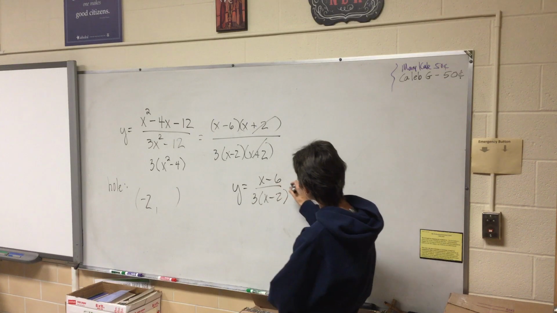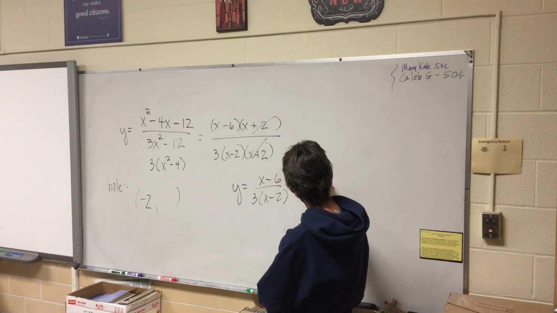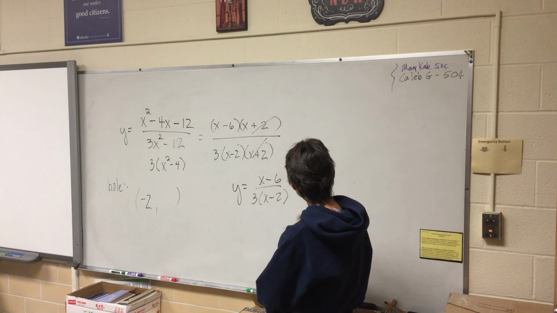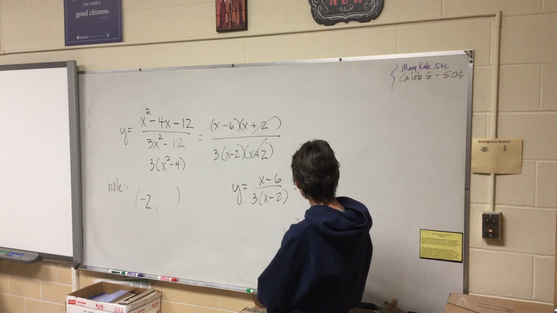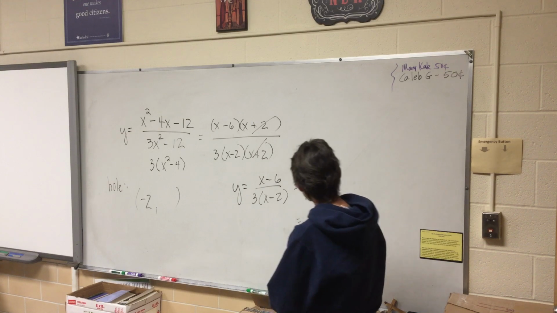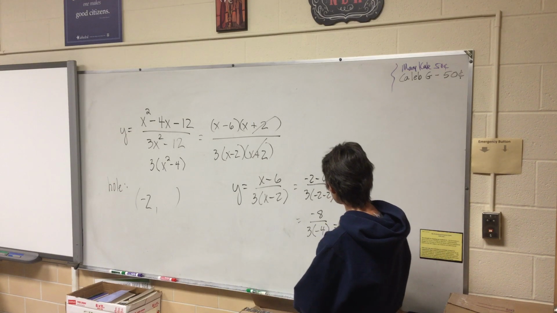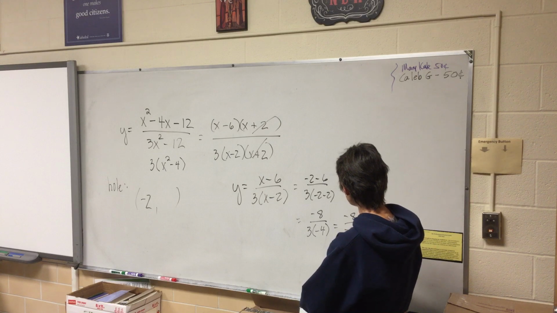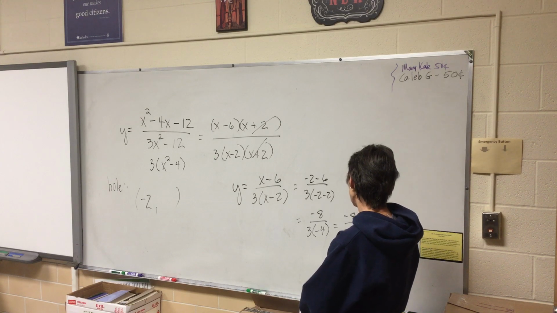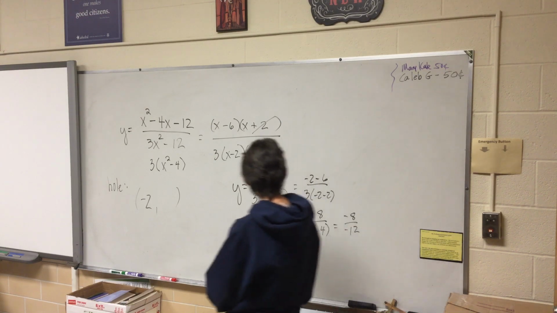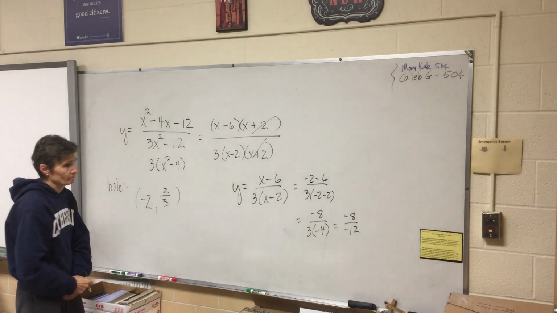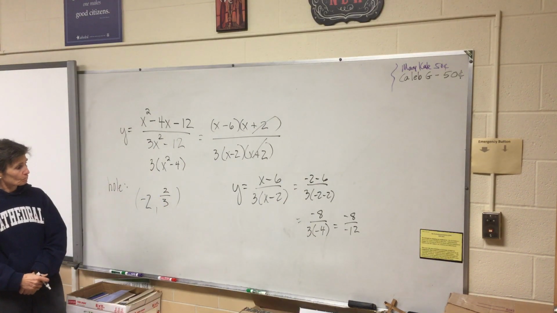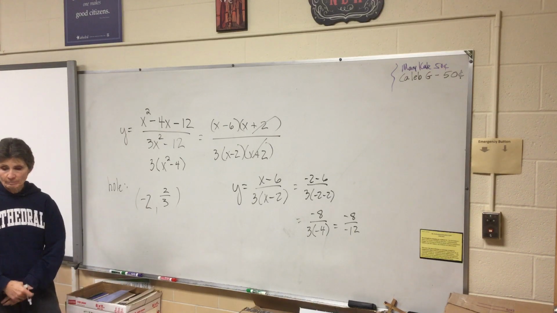So if we put in -2, and just do the arithmetic, we have -8 over 3 times -4, so we have -8 over -12, which is 2/3. And that's the hole.